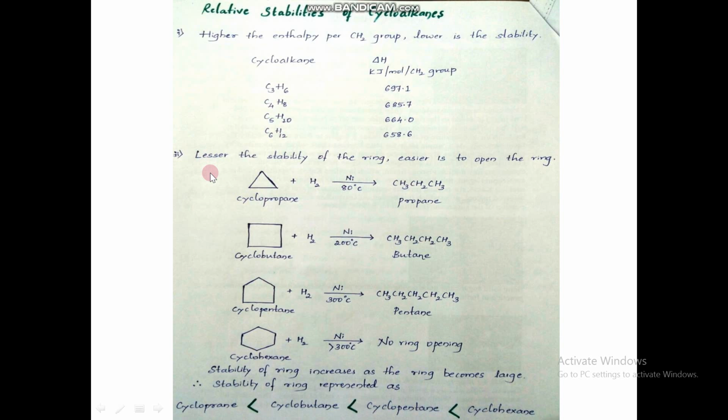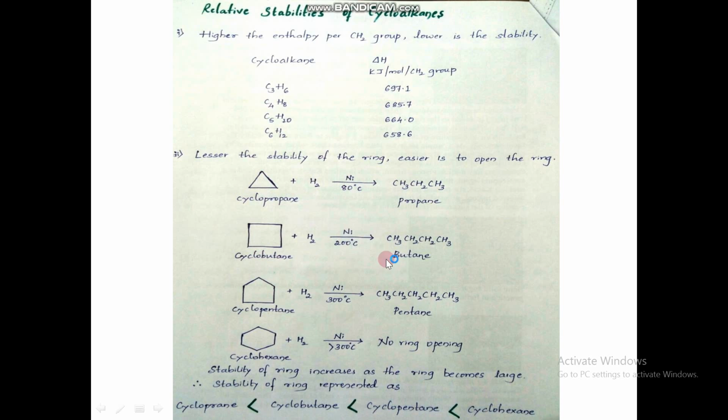Another way to explain the relative stability is the ease with which the cycloalkane ring opens up. The lesser the stability of the ring, the easier it is to open the ring. Cyclopropane is a very small ring, so it is easy to open. When it reacts with hydrogen in presence of nickel at 80 degrees Celsius, it forms propane.